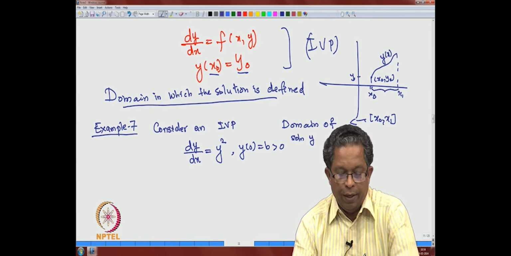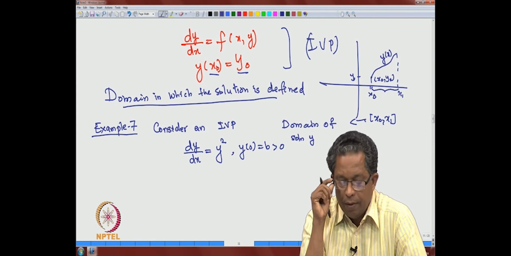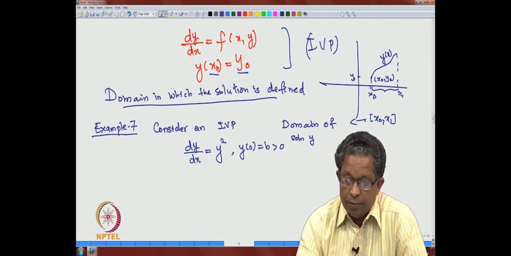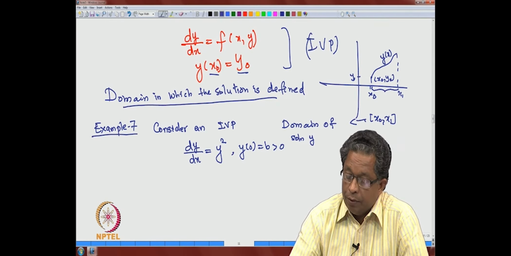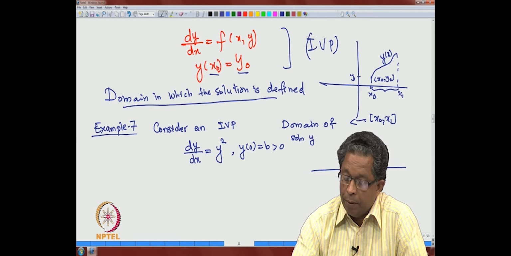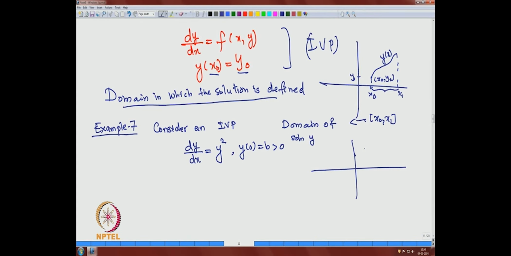Okay, this is a nonlinear differential equation. The initial condition is y at 0 is some number b. We are starting at this point 0, b, and we are looking for a solution y.